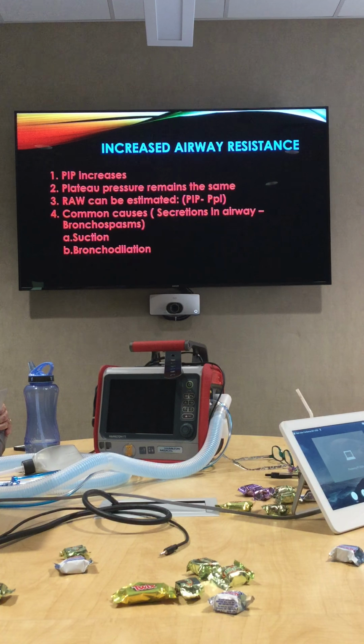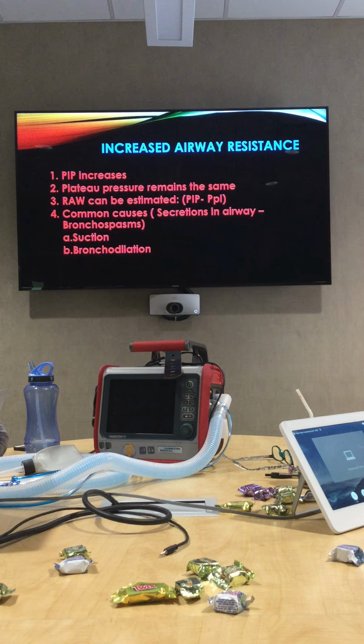On the Hamilton T1s, you have a coaxial tubing, which is a very compressible tubing, so when you set the tidal volume, it corrects it based on the compressible volume of the tubing that you're going to ventilate the patient with.